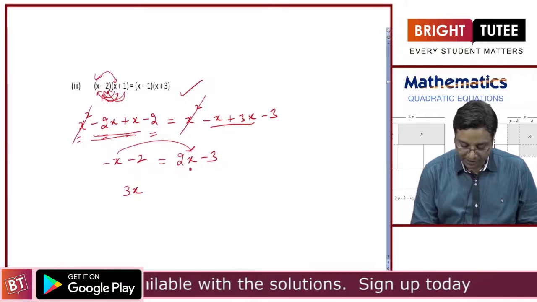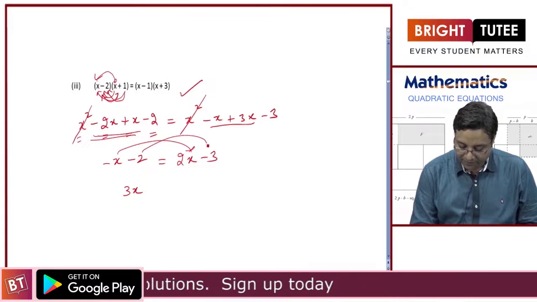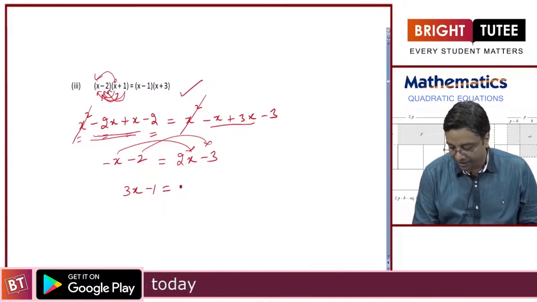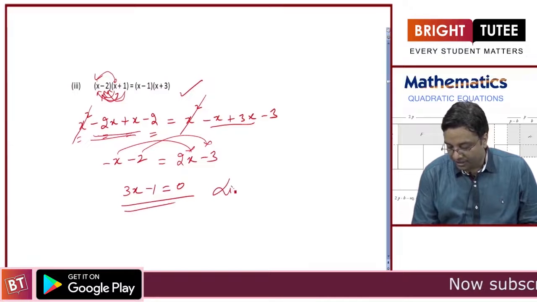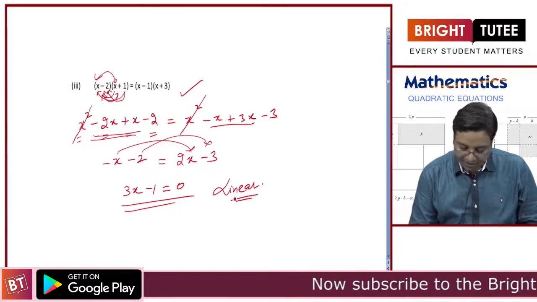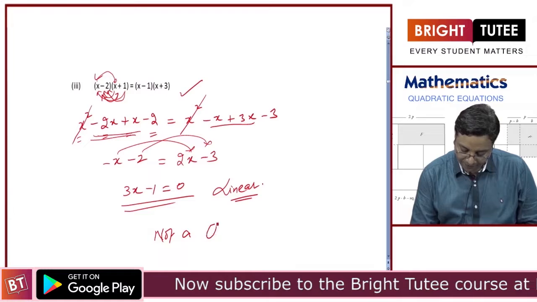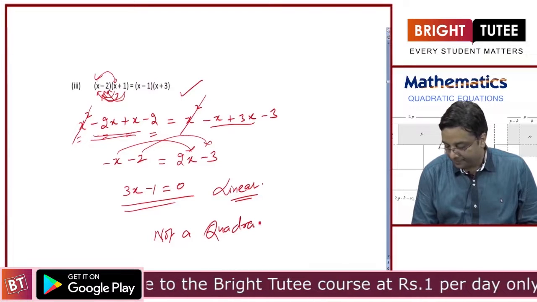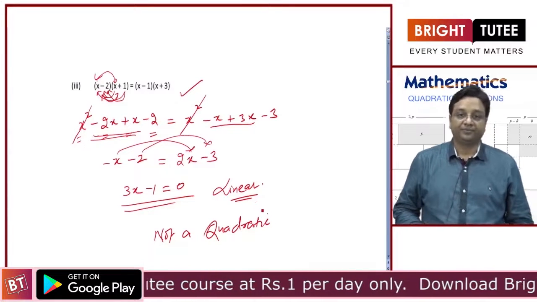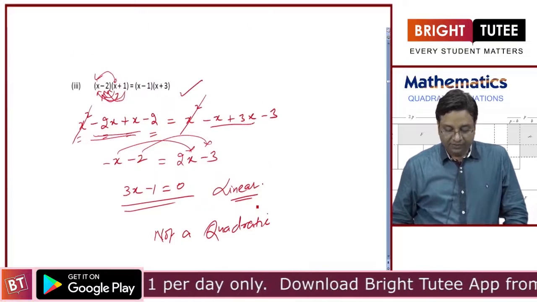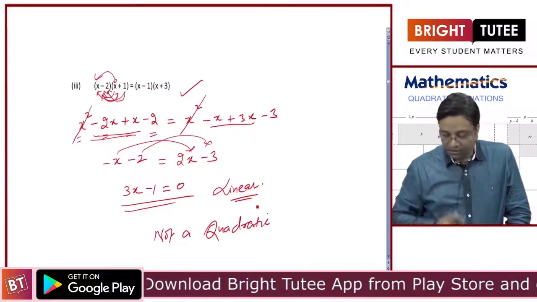When I take minus 2 here, it will give me minus 1. So this is a linear equation and not a quadratic, right? This is how we see whether an equation is a quadratic equation or not.